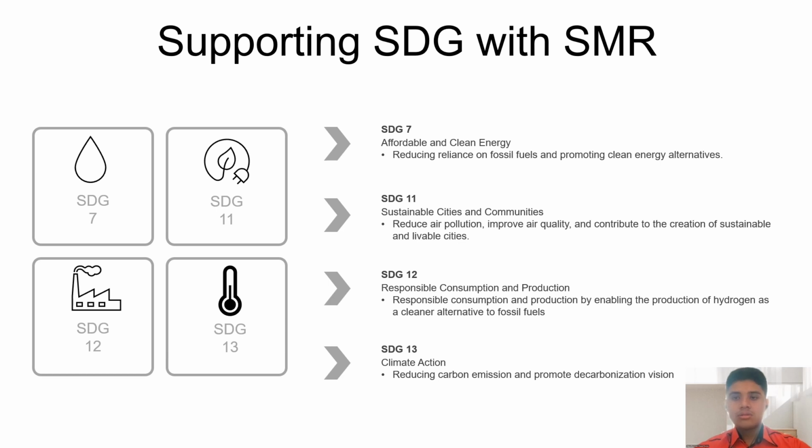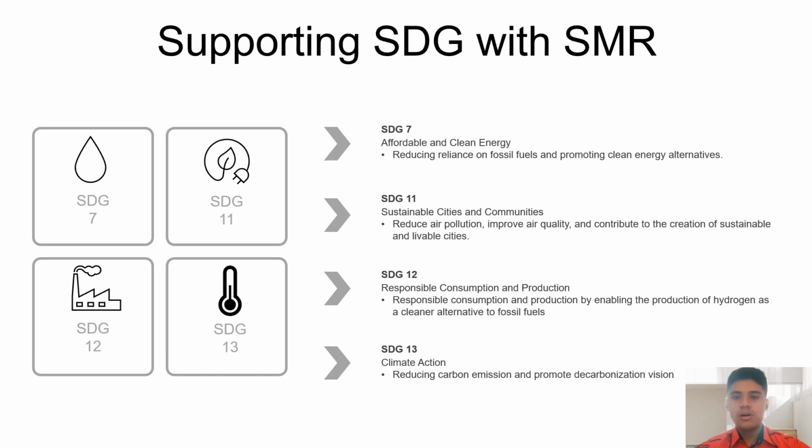The utilization of small modular reactors facilitates the generation of environmentally friendly energy at a cost that is deemed reasonable, thereby aligning with the objective outlined in SDG 7. In addition to this, SMR also offers sustainable energy supply to cities and communities, aligned with the principle of SDG 11.